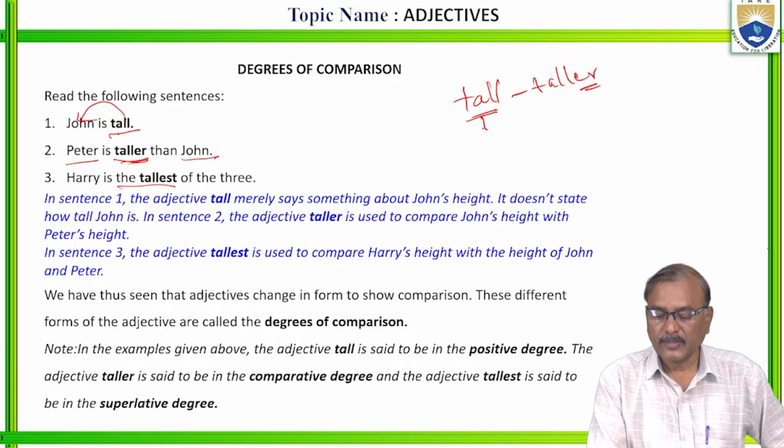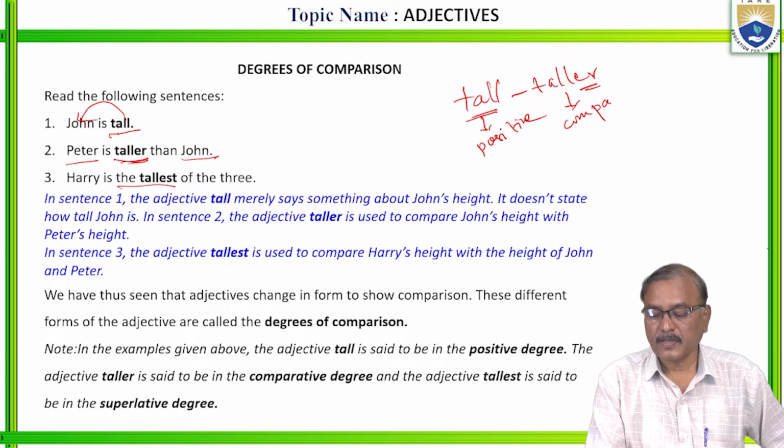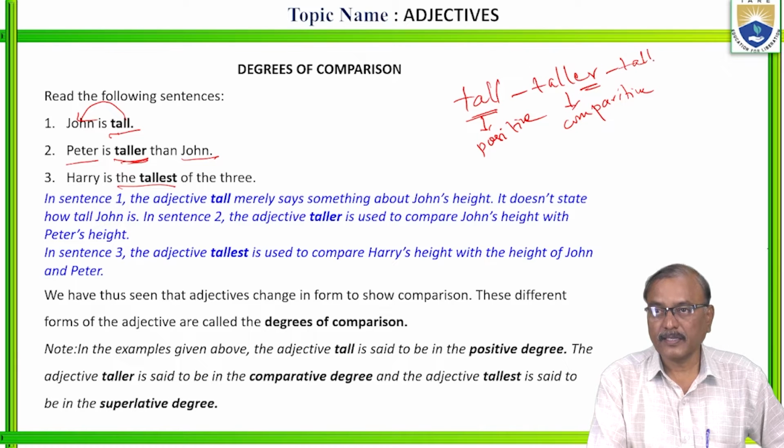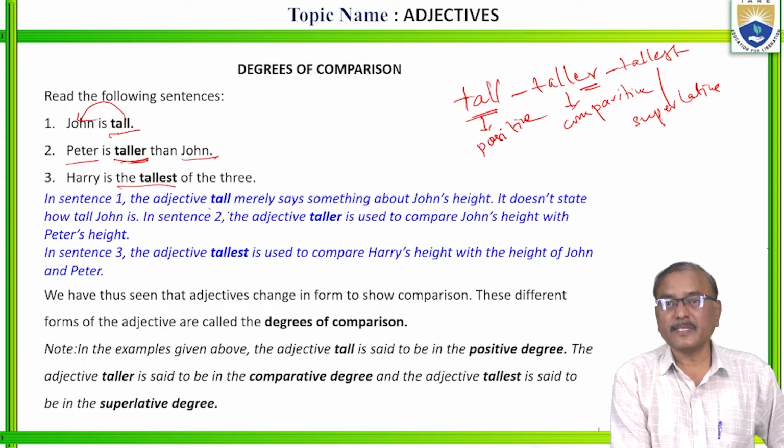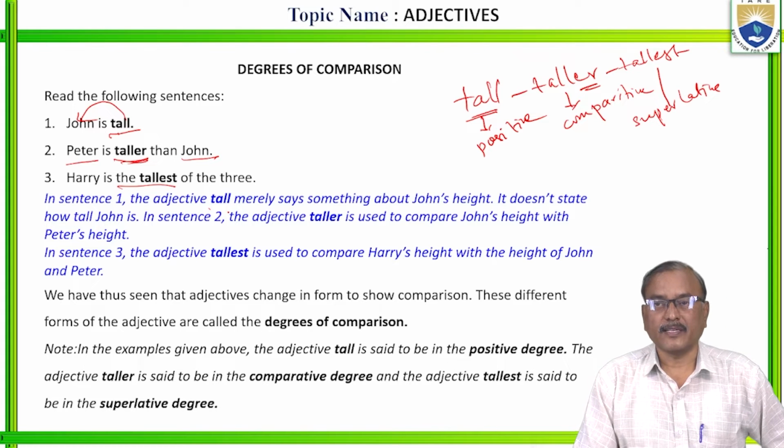This is the positive form, taller is the comparative form, and tallest is the superlative. So the adjective tall merely says something about John's height.